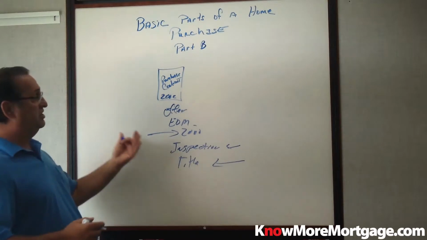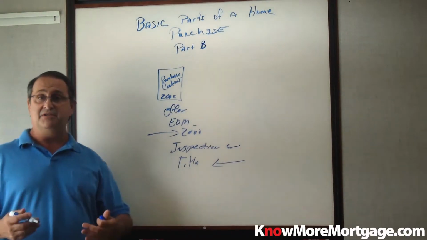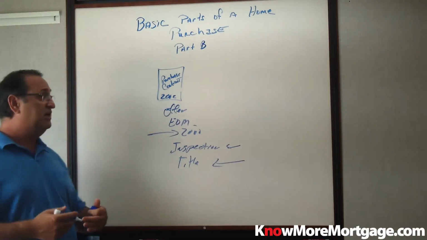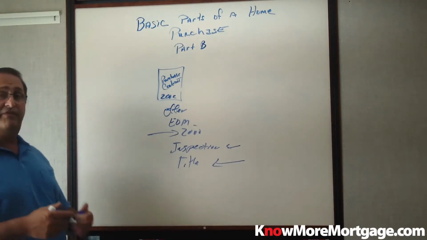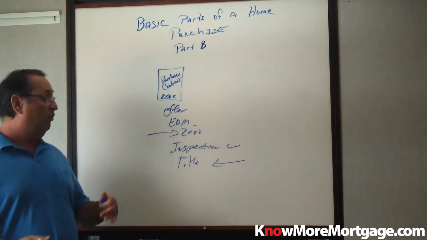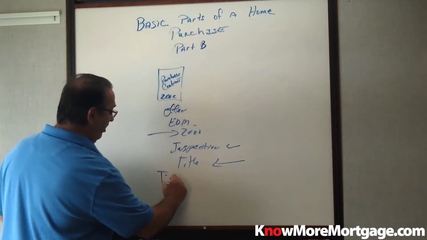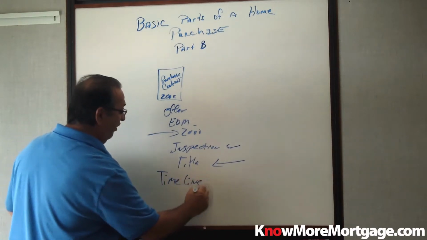So make sure you read your contract, you understand it, and you talk to your buyer's agent, the agent that's representing you or helping you through your contract, if it's a transaction broker, about what each paragraph means and what your deadlines are. A good realtor will build you a timeline to follow.